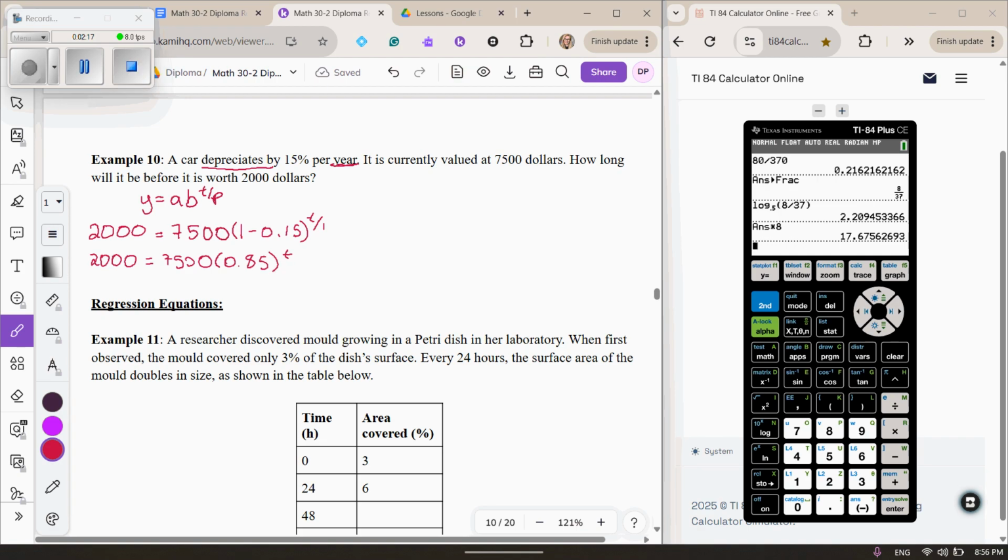So let's go ahead and solve this. We divide both sides by 7,500.